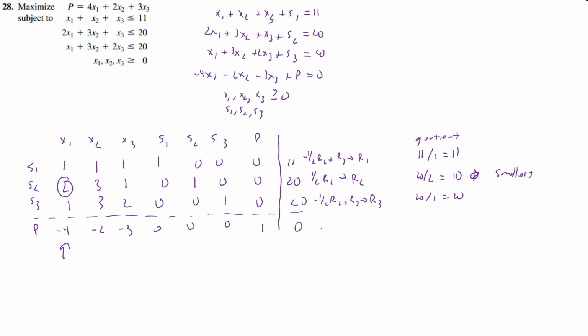And if we take 2 times row 2 plus row 4, that can be our new row 4, because 2 times that plus that will go to 0. So we have four things we can do at one time. If you want to do less at once, you can, but I'm going to try to optimize this because otherwise it's going to take a lot to get it all done. So this one is entering, this one is exiting, and so I have to go s1, x1, s3. That's going to be my next page.